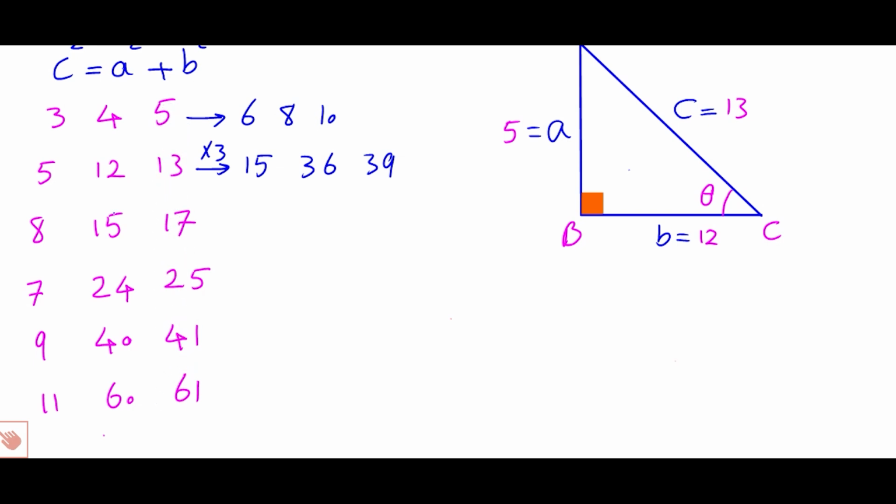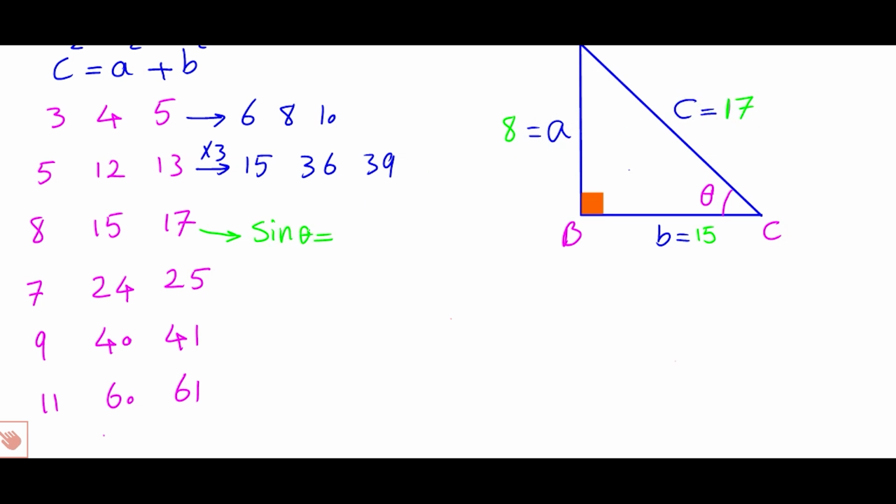Now we can easily write the trigonometric ratios for each of them. For example, for these numbers, we can write sine theta, if A is 8 and B is 15, so C is 17. So sine theta is equal to the opposite side divided by the hypotenuse.